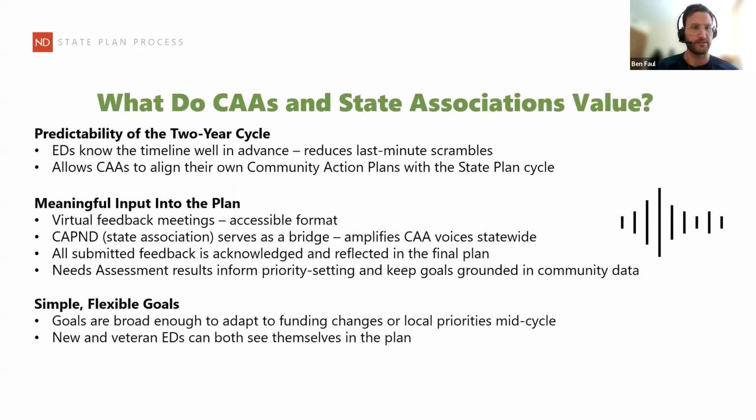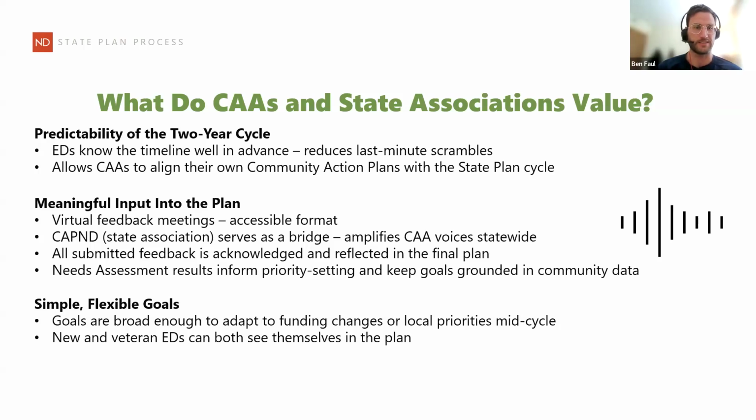Yeah, making sure the agencies feel heard is very important. We need them to take ownership of the state plan as well. What do the states, the agencies and the association value? Predictability, meaningful input, simple, flexible goals. All the executive directors know the timeline well in advance.